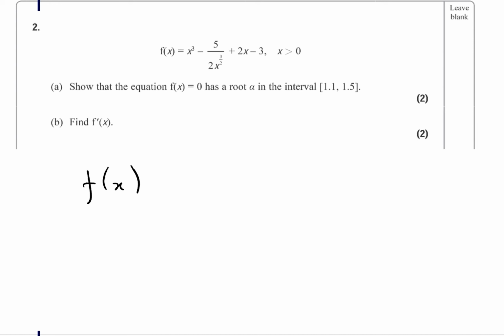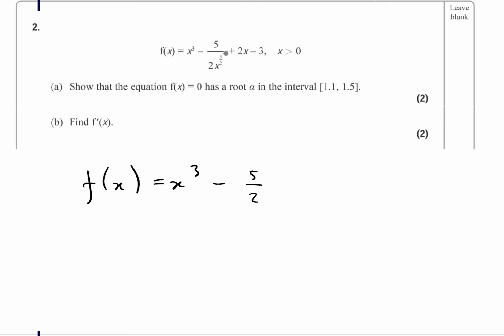The x cubed, we can differentiate that, so we're going to leave that alone. The minus 5 is what's going to cause us the issue here, because we've got the x on the bottom. It's a fraction, so x is on the denominator. So we can keep the 5 over 2 the same, and then we just multiply it by x to the minus 3 over 2.